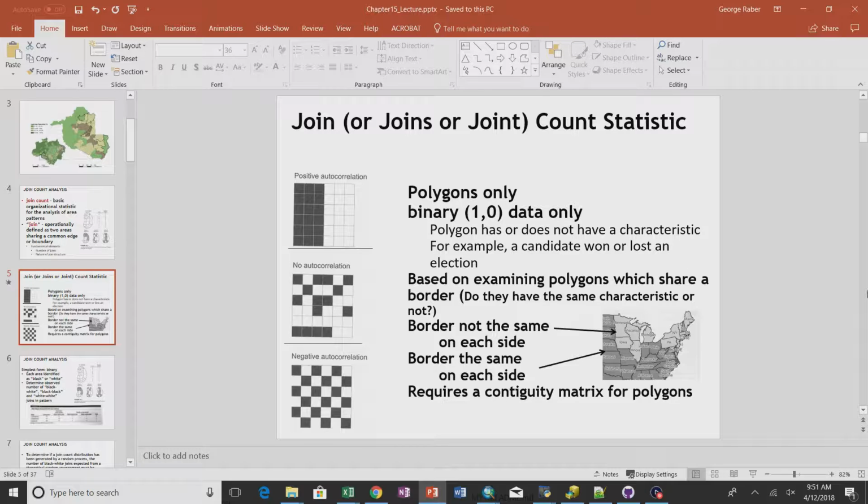So this first statistic is binary. It only works with ones and zeros, and so you do have to collapse your data into that format in order for it to work. An example here would be a candidate either won or lost an election in a particular polygon. So, in the United States, it would be, did it go Democrat or Republican? That's fine.